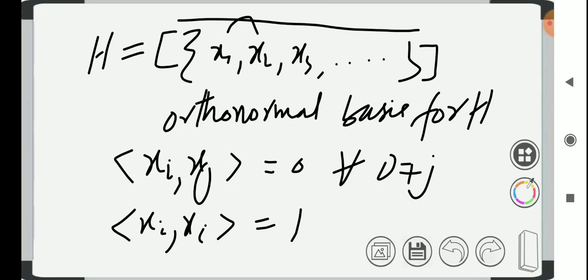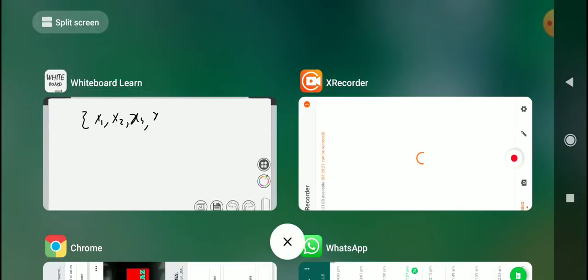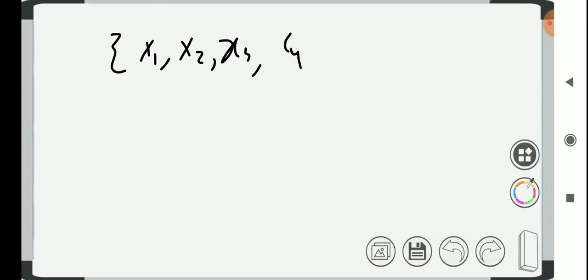Now we are assuming an orthonormal basis for our Hilbert space consisting of the eigenfunctions of this operator, that is, we consider our orthonormal basis to be x1, x2, x3, x4, and so on.